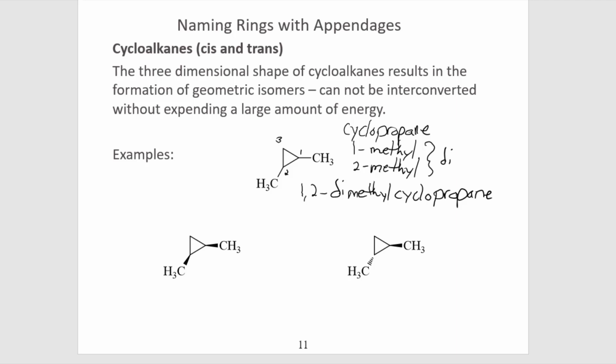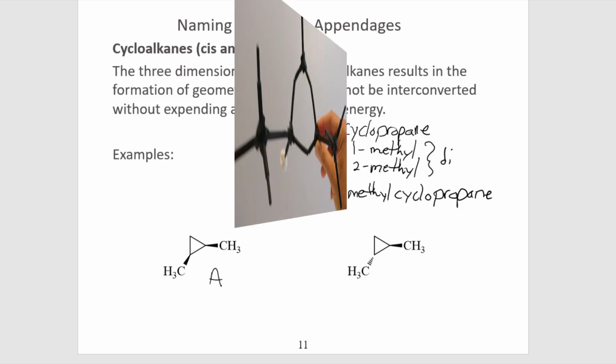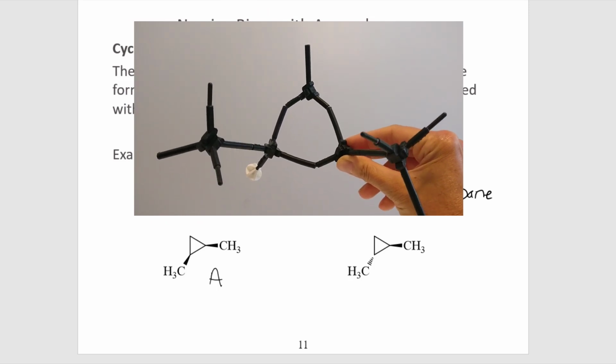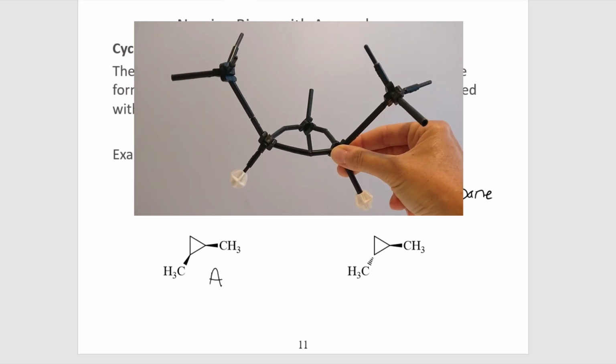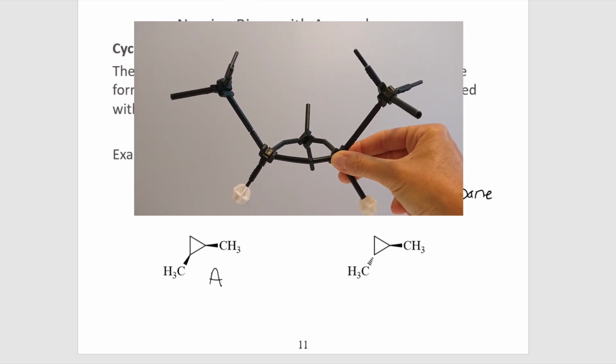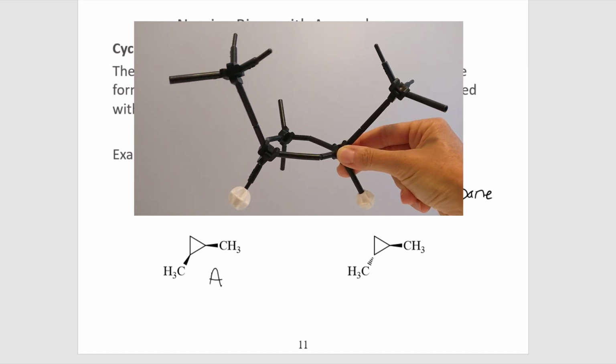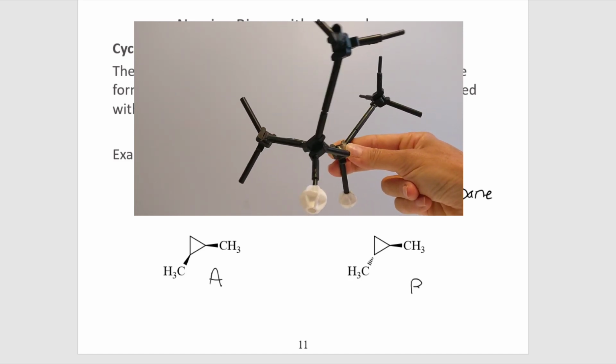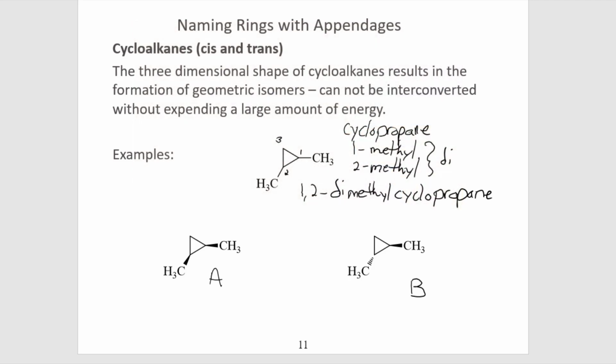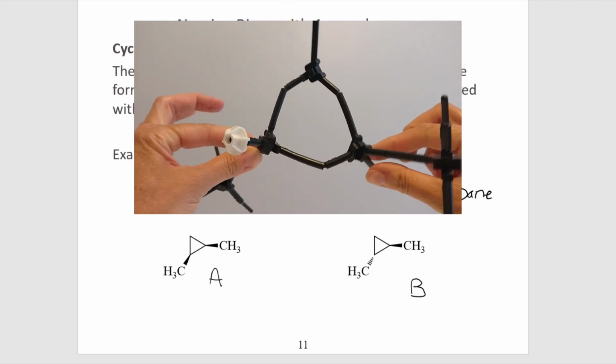These are two different molecules. The one on the left, we'll call A, has both of the methyls coming out at you, or up. You can see this in a three-dimensional model. Compound B has one methyl up and one methyl down.